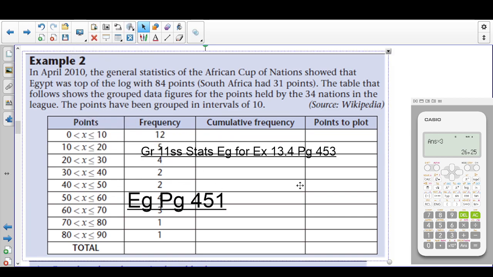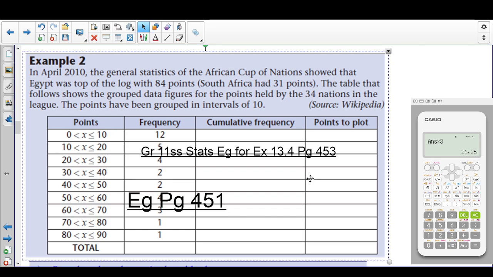In example 2, we are told that in April 2010, the general statistics of the African Cup of Nations showed that Egypt was top of the log with 84 points, South Africa had 31. The table that follows shows the grouped data figures for the points held by 34 nations in the league.